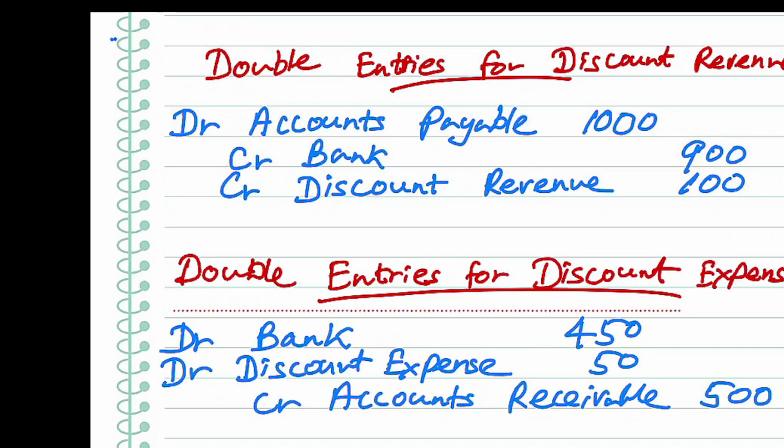So as a result, it gives us a revenue that increases owner's equity. Any questions? Altogether, we credit the accounts receivable. Why? By the total amount, it is decreased. Now we'll write the benefits of discount revenue.